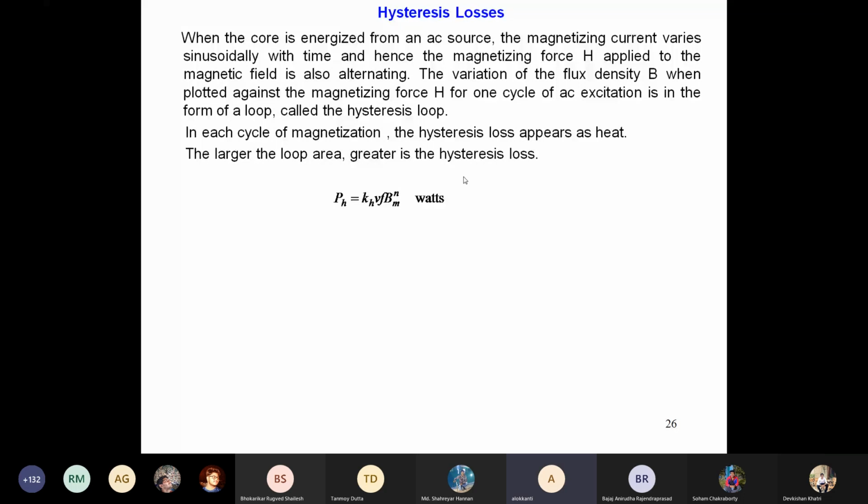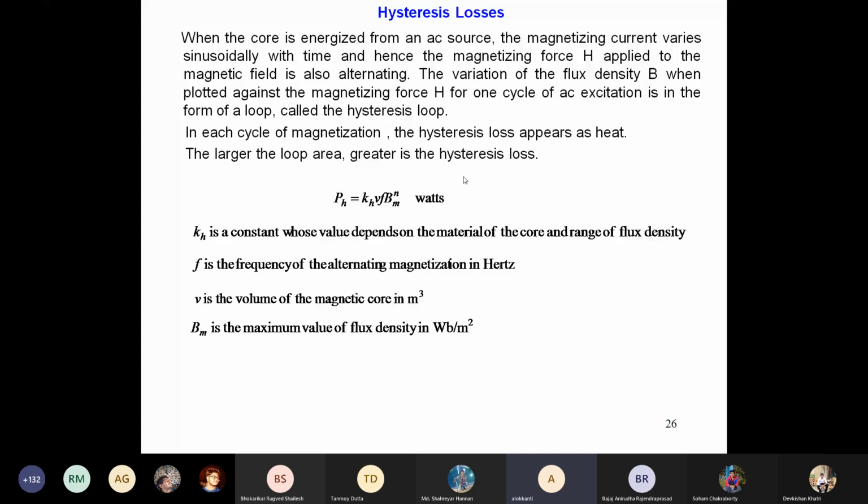So this is the description of the formula. We have done it earlier. KH is a constant depending upon the material of the core and the range of flux density. F is the frequency of the alternating magnetization. V is the volume of the magnetic core in meter cube. Bm is the maximum flux density of the core in Weber per meter square. And n is the constant called Steinmetz constant, whose value varies between 1.5 and 2.